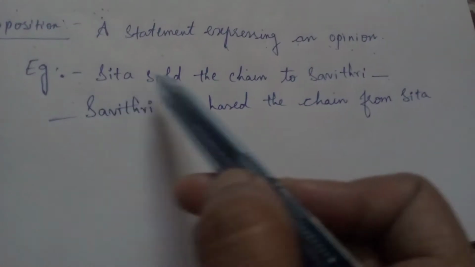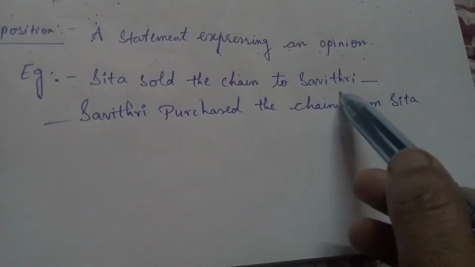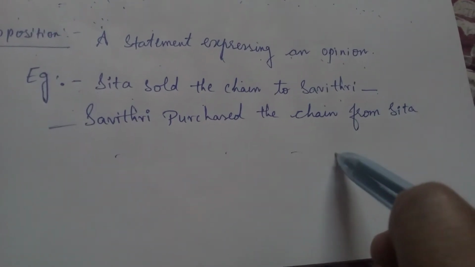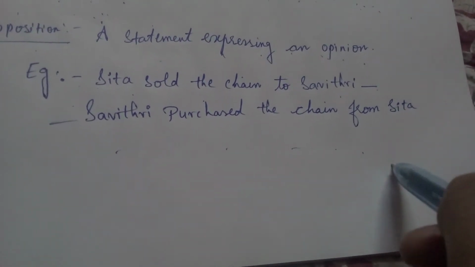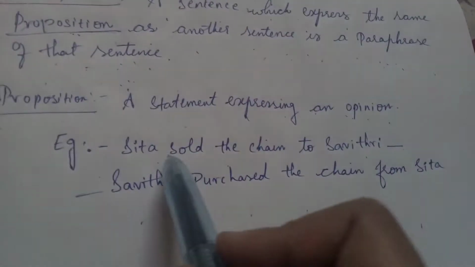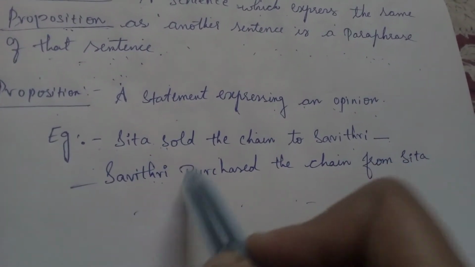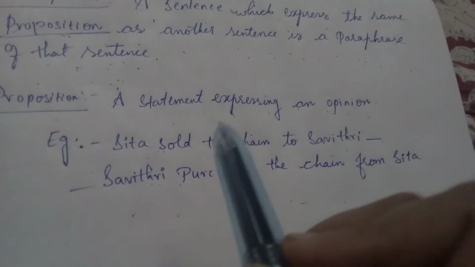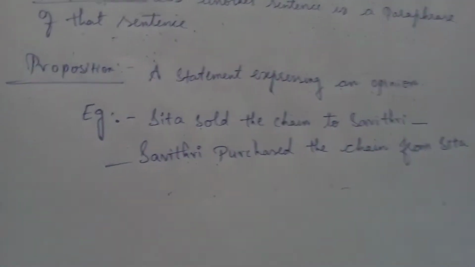Okay, Sita sold the chain to Savitri. Savitri purchased the chain from Sita. So here these two statements express the same sense, the same meaning.